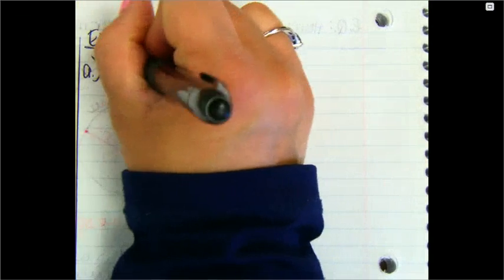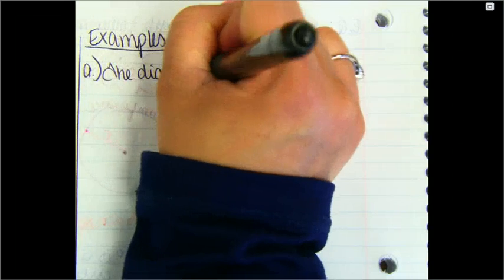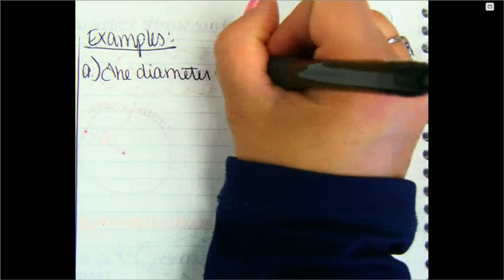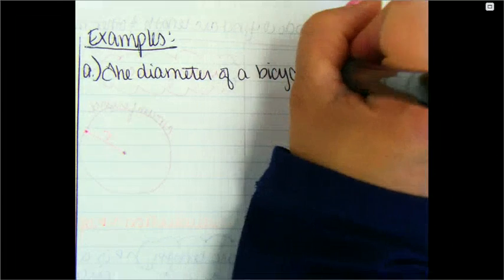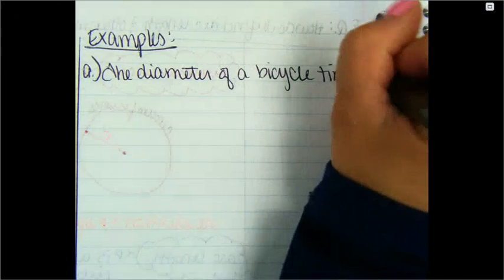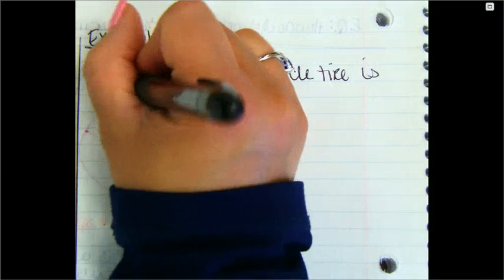First example says the diameter of a bicycle tire is 30 inches.